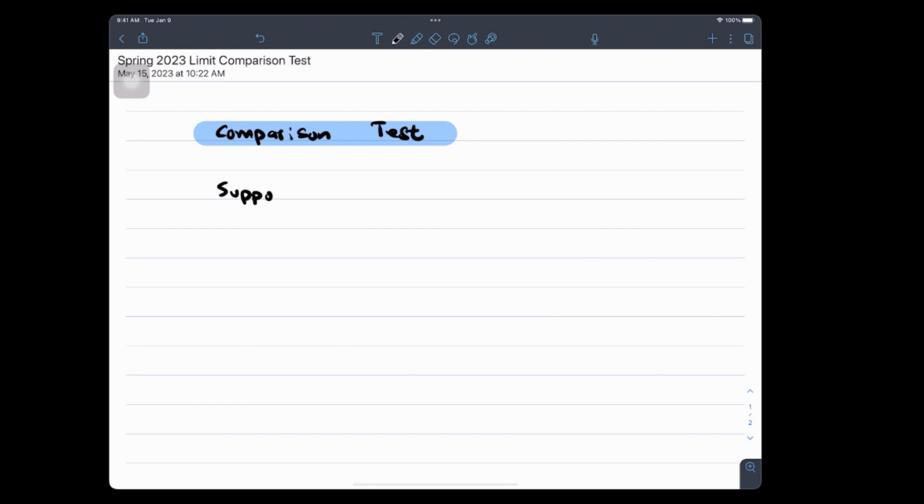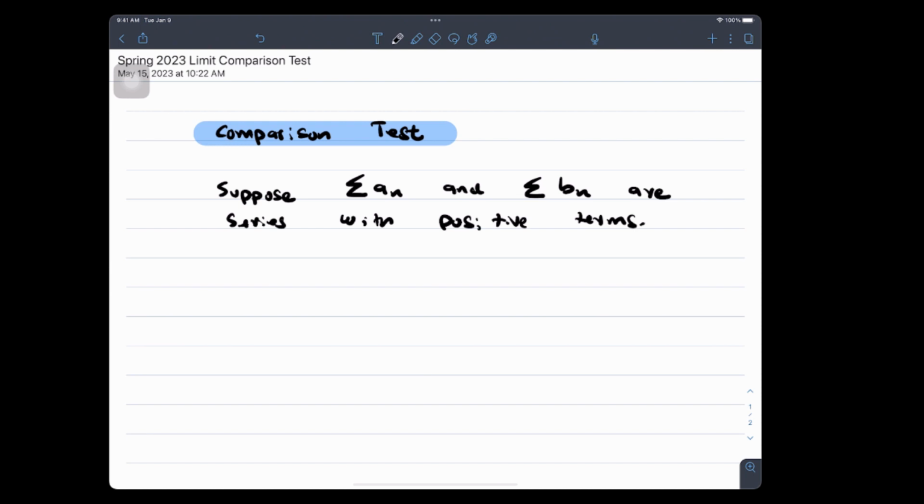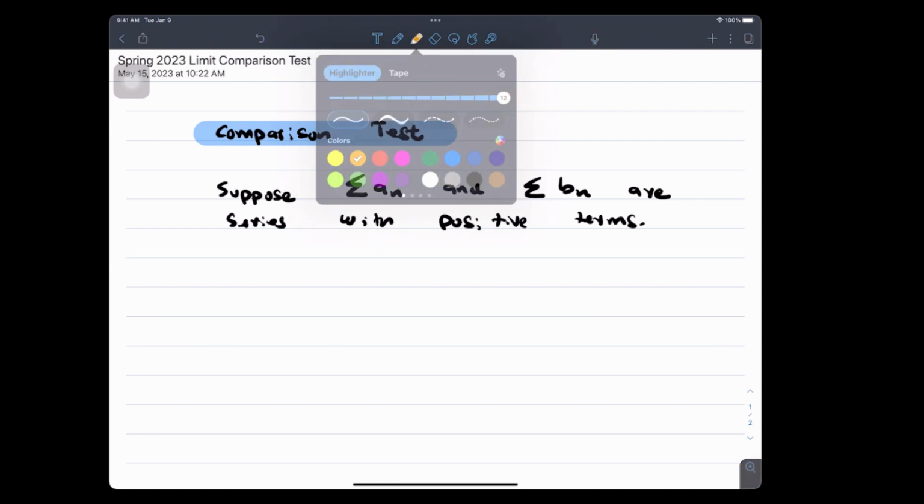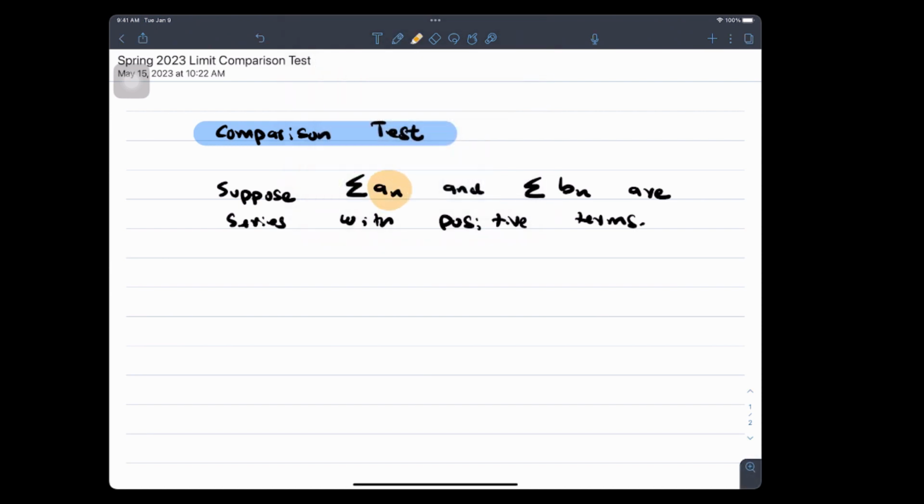But here's what we really want to start with. We're going to assume we have two series, because we're now going to compare two series. These are two series with positive terms. This is a vital component.